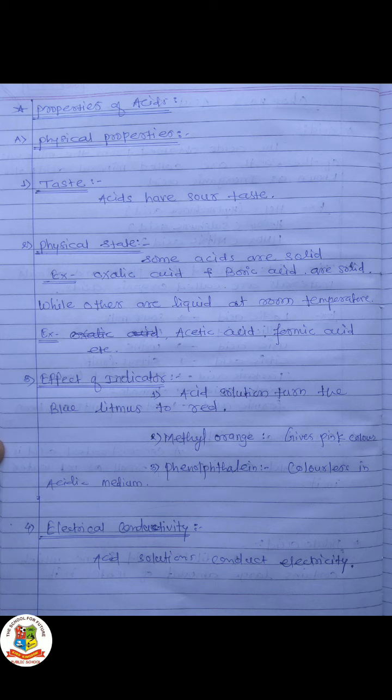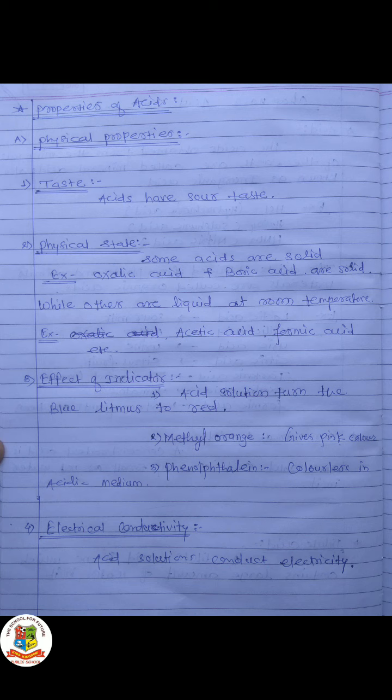Examples of solid state are oxalic acid and boric acid, etc. And in liquid state, we saw acetic acid, formic acid, HCl, H2SO4, HNO3. These are present in the liquid state at room temperature.